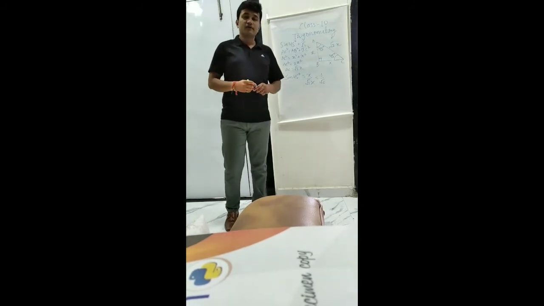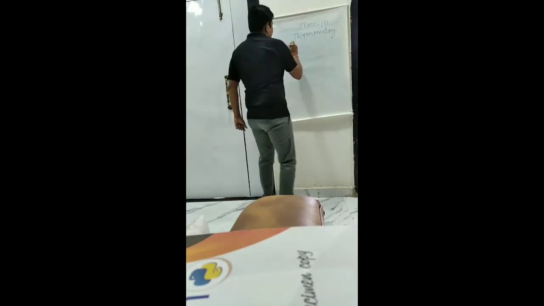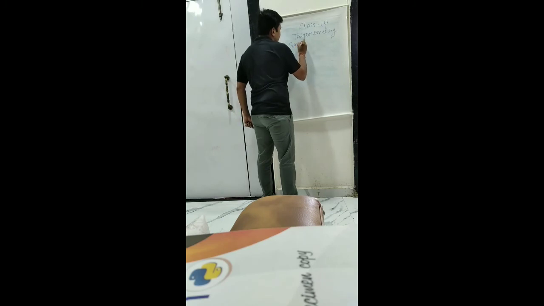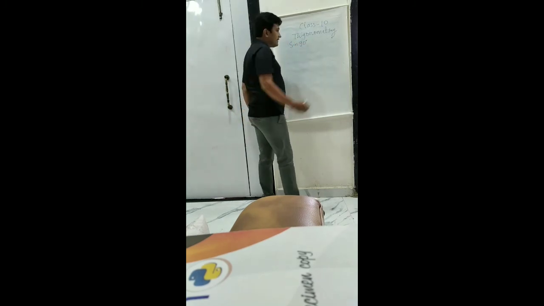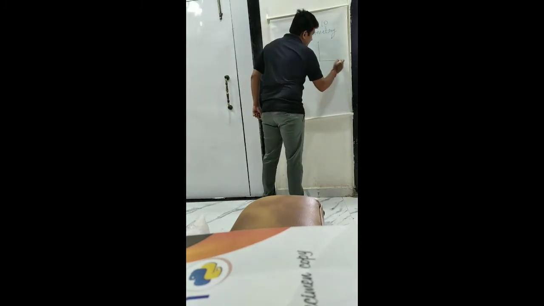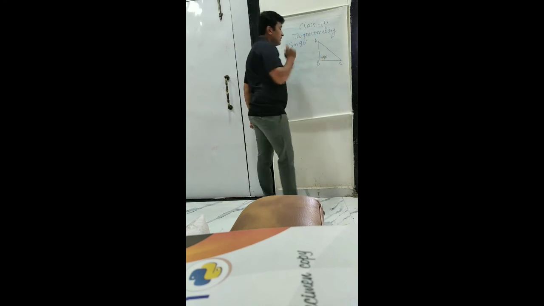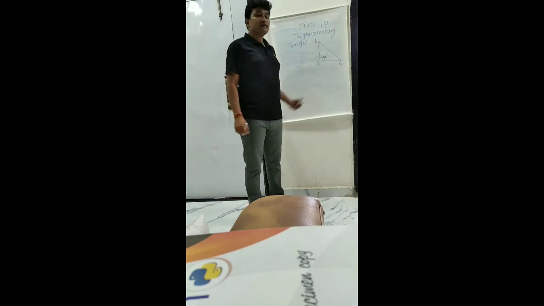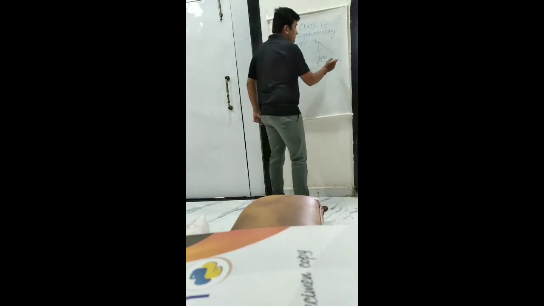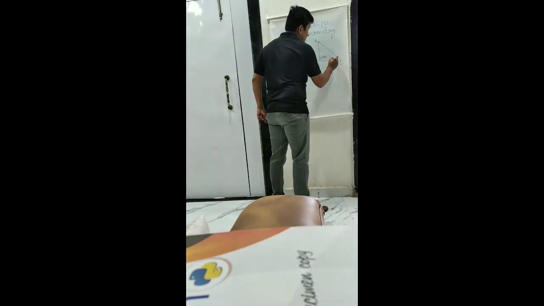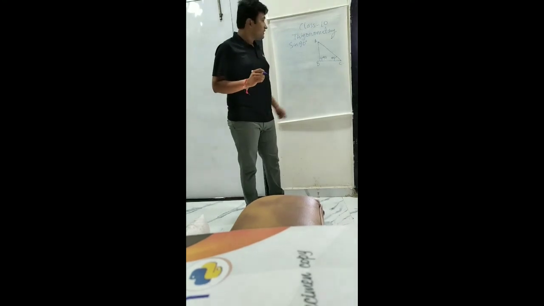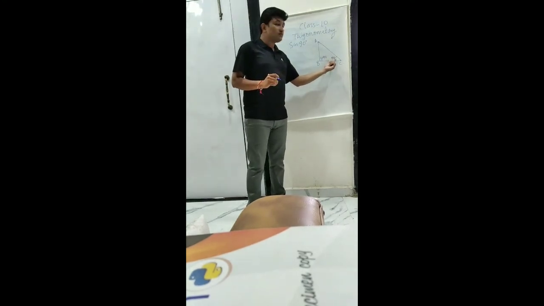Now the last one, the sine 90 degree value. Here this is right angle triangle ABC, and this angle is equal to 90 degrees. Now we have to find the value of sine 90 degree, which means this angle should be 90 degrees.